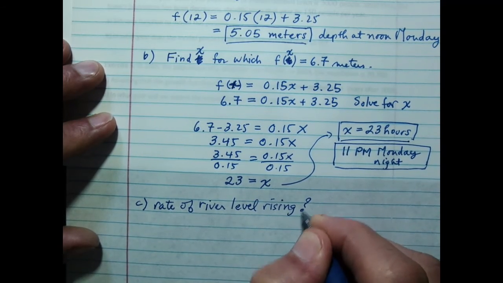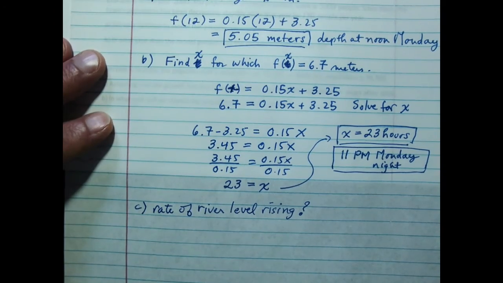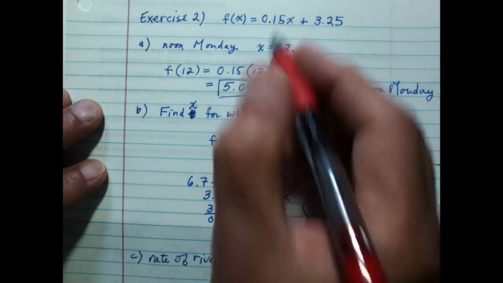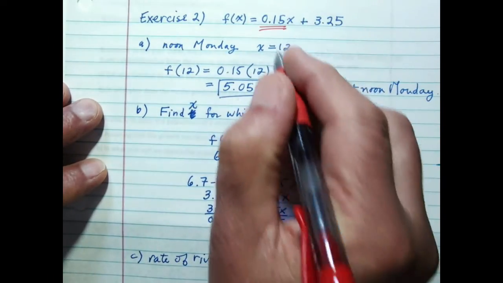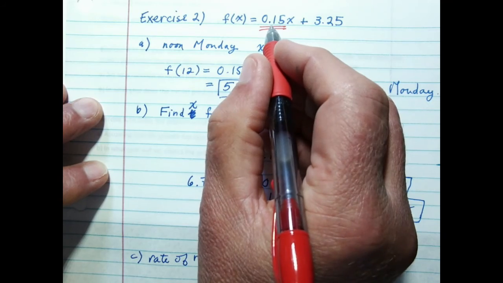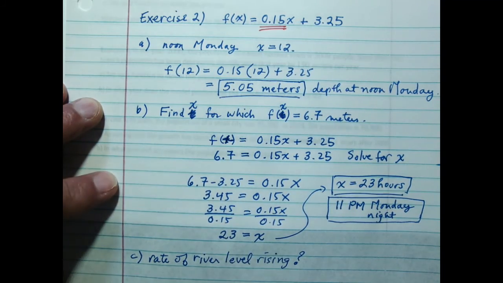And there's really no calculation here. I hope you just recognize from our formula for this function that it's really the slope of this linear function, the m value, 0.15, that we can just pluck off.